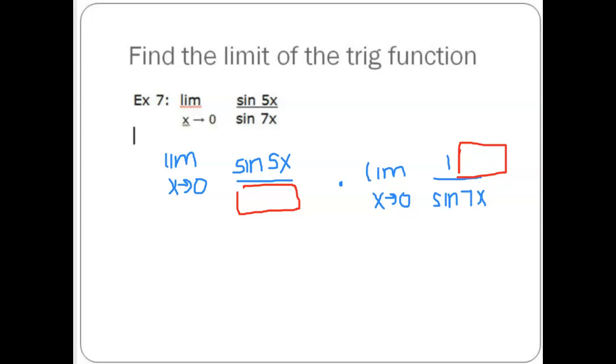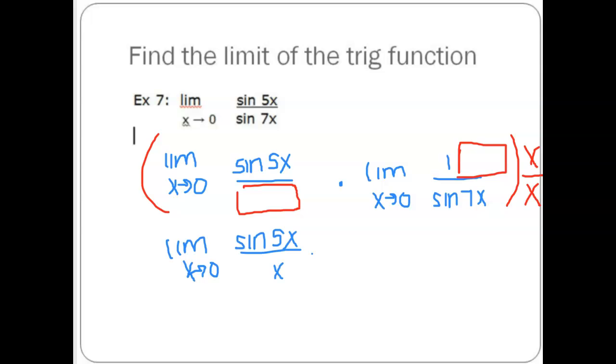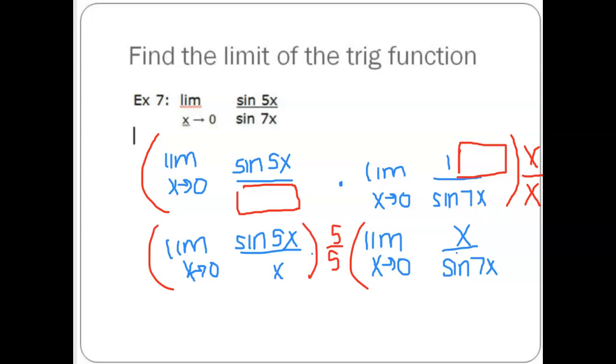So I'm going to multiply by x over x. So now we have our x's, but over on the left, I still need a 5, and on the right, I need a 7.